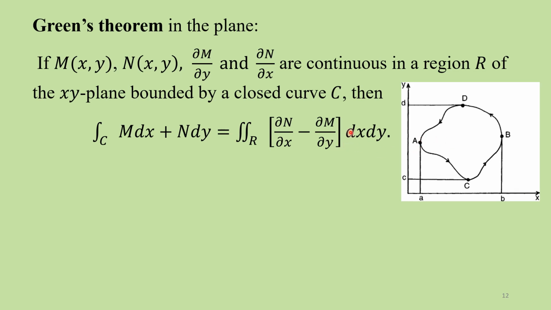Either you can integrate first with respect to x, then y, or vice versa. So whenever you are taking a line integral along a closed curve C, by Green's theorem we can take it as a double integral over the region R, where the function is dou N by dou x minus dou M by dou y. Correct? So let me now take some problems on Green's theorem.